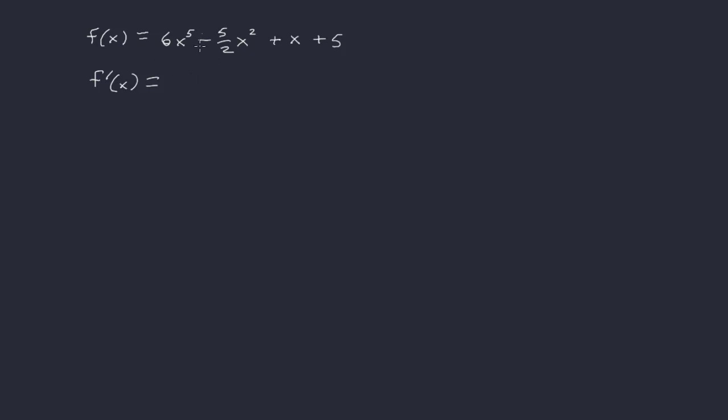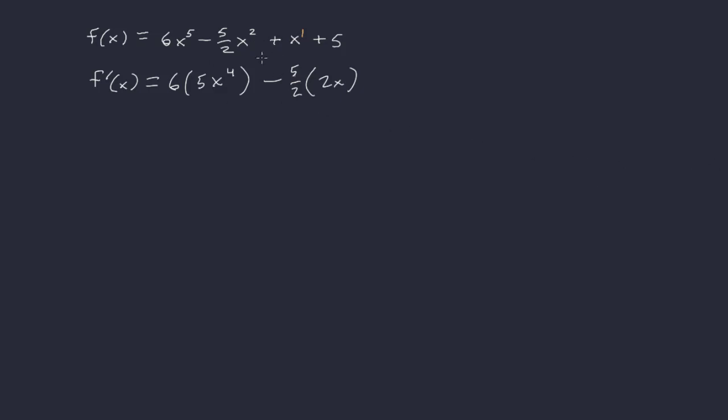Okay, so anyway, this is all going to be essentially a sum rule, constant multiplication rule, and power rule, right? So from the constant multiplication rule, the 6 comes along for the ride, and then we get 5x to the 4th here from the power rule. Here the 5 halves is just a constant. It comes along for the ride. And then we have the derivative of x squared, which will be 2x using the power rule. The derivative of x is x to the 1.